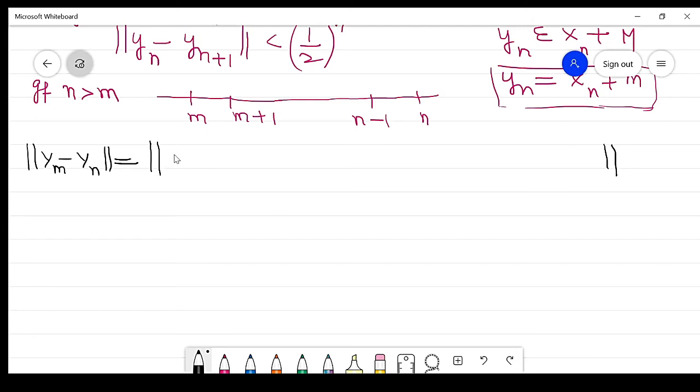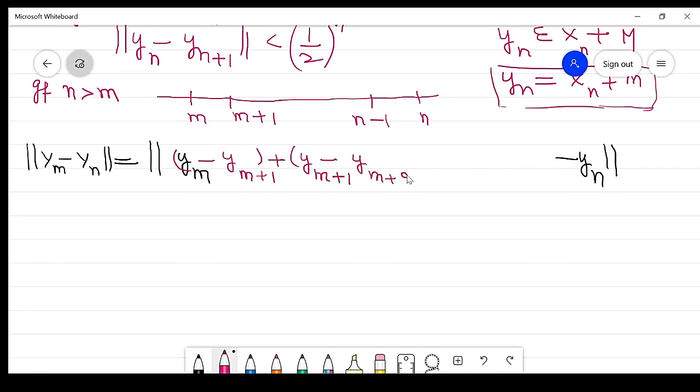Here I take ym and here yn. Now, because of this property, this can be written as ym minus ym plus 1, then ym plus 1 minus ym plus 2, and so on, up to yn minus 1 minus yn.